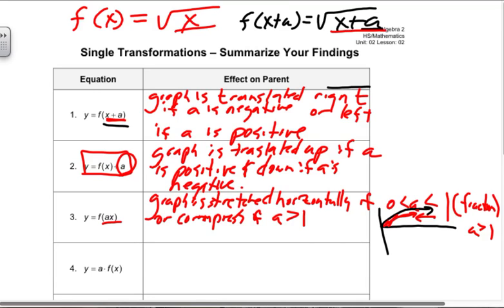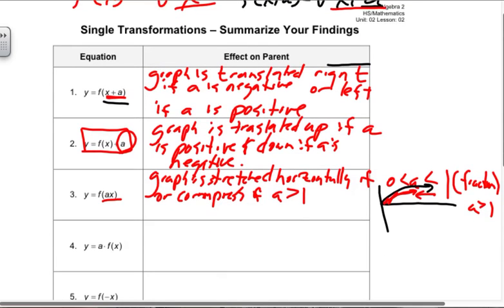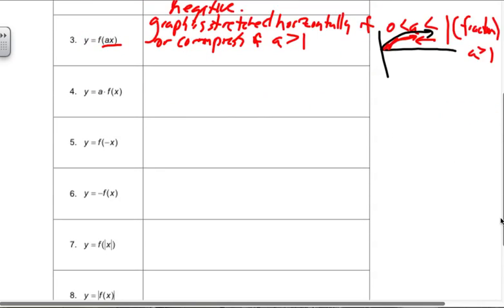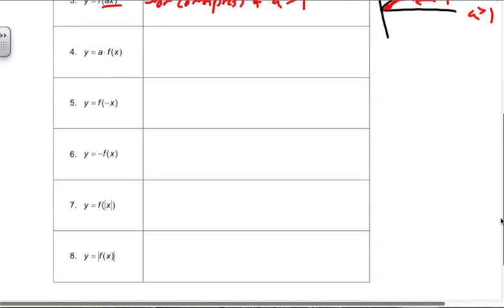Okay, now let's take a look at what happens to it when it's outside. And again, there's a pattern appearing here. If it's outside, then it's going to affect it vertically. Okay, so this one, the graph stretches vertically if a is bigger than 1.